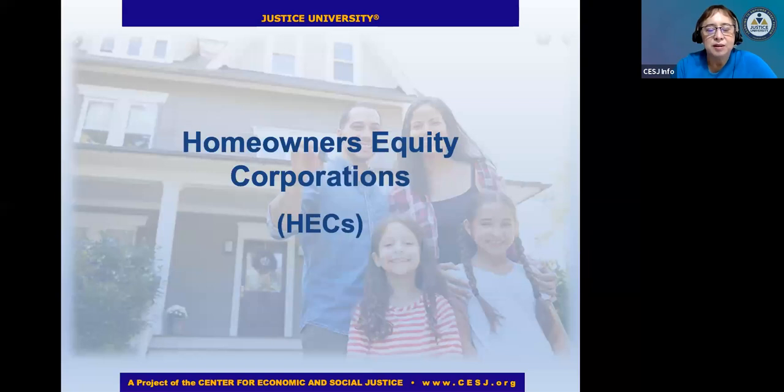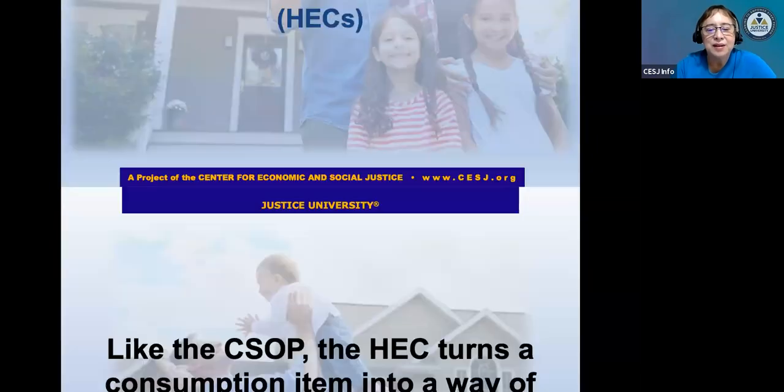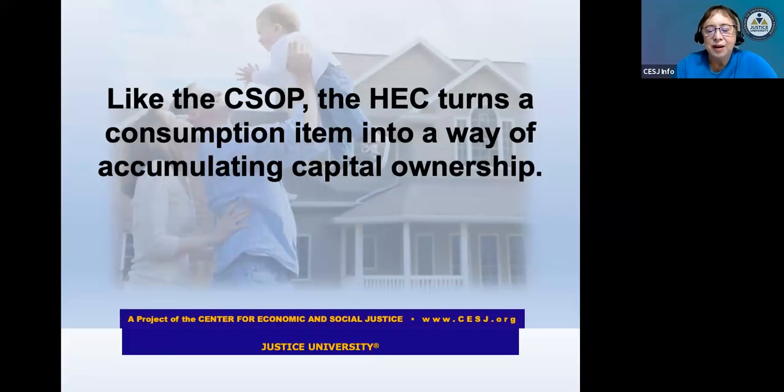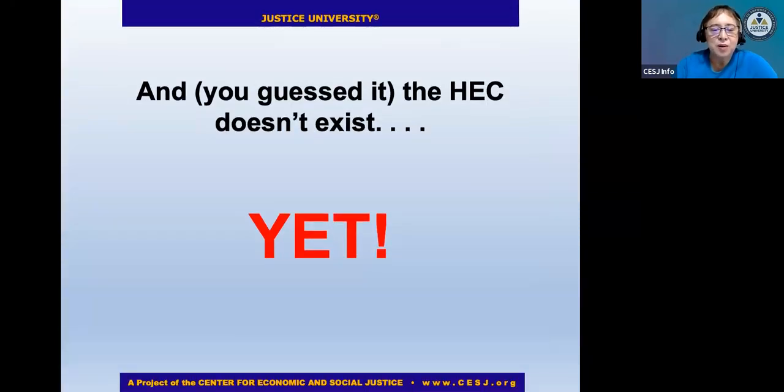And this comes to the homeowners equity corporation, which is also similar in that the source of repayment are the people purchasing the homes, but they do it in such a way that rather than just individually having to go out and bargain for the price of a home and use their personal savings, they would be able to acquire ownership through the homeowners equity corporation, which would own the actual housing properties, but the people who are buying it would be issued shares.